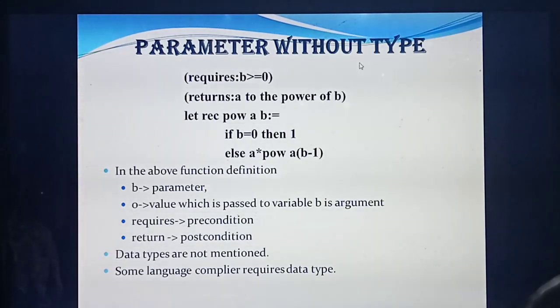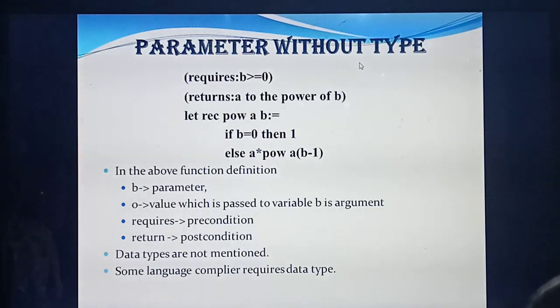So here, parameter without type means you are going to declare some parameters without a data type. What do you mean by parameters? Variables. Variables used in the function definition are called parameters. So you are going to define some variables without the data type. Understood?